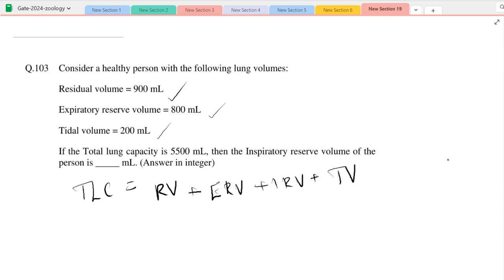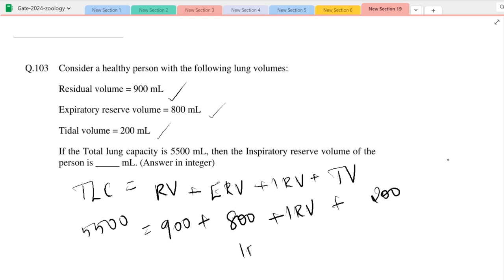We know total lung capacity is 5,500, which is equal to residual volume, 900, plus expiratory reserve volume, 800, plus IRV that we need to find, plus the tidal volume, which is 200.